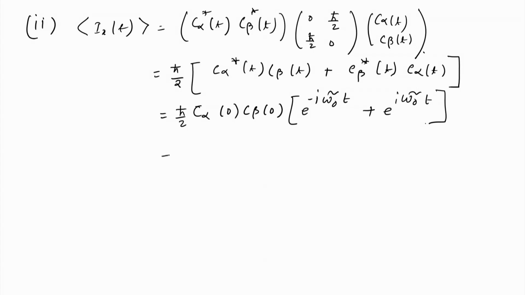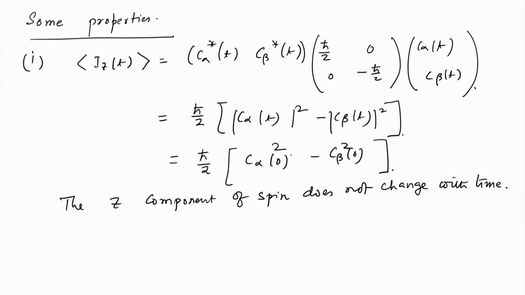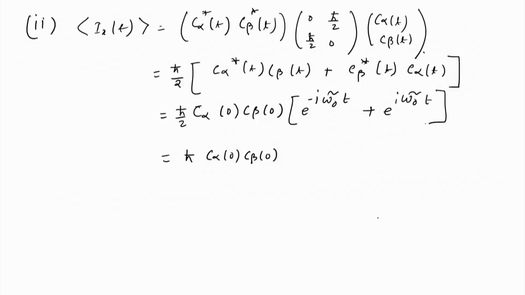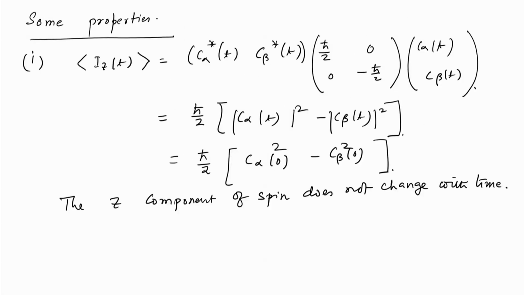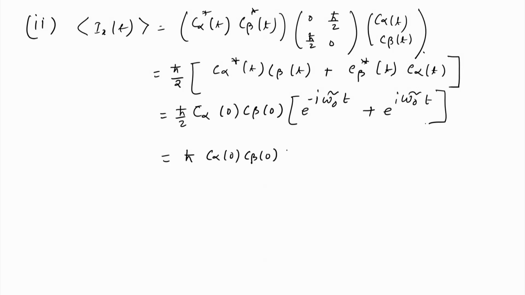So, that 2 goes away and one gets ħ Cα(0) Cβ(0) cosine of ω̃₀t.